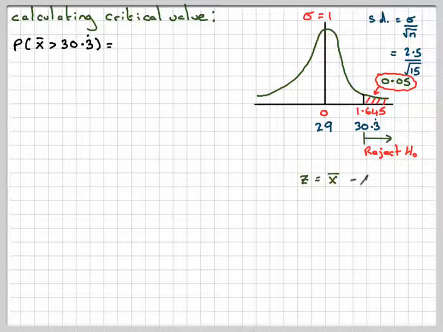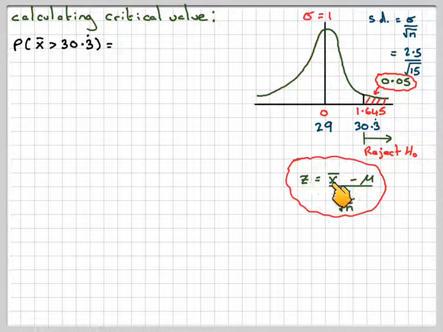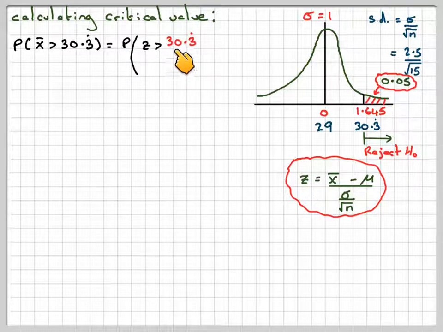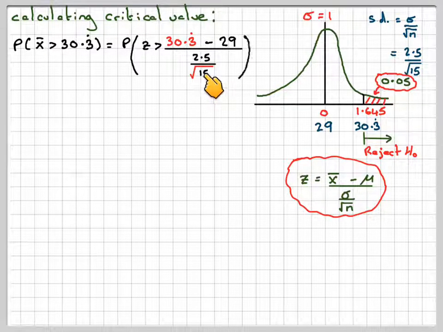To get to z from x bar, we need to do x bar minus the mean divided by the standard deviation, but the standard deviation in this case is sigma divided by the square root of n. So z will be 30.3 recurring minus 29 divided by 2.5 over the square root of 15.